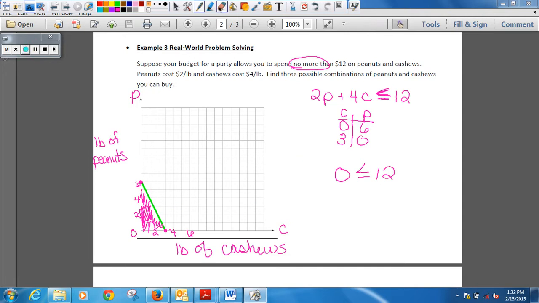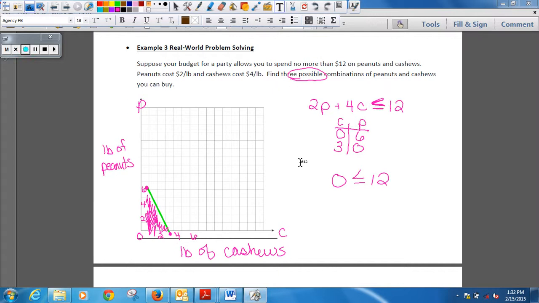And they said that they wanted 3 possible combinations. Well, the 3 possible combinations I'm going to use are 2 pounds of peanuts with 2 pounds of cashews.